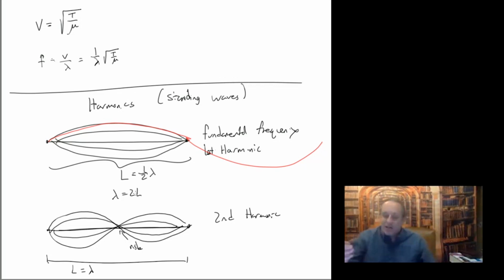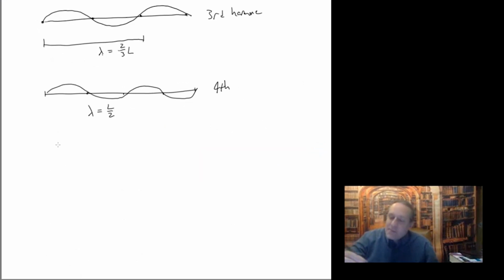So there's a pattern here if we look for it. Okay, what's the pattern? The wavelength is equal to 2L/N, where N equals the number of the harmonic. So what did we have before?